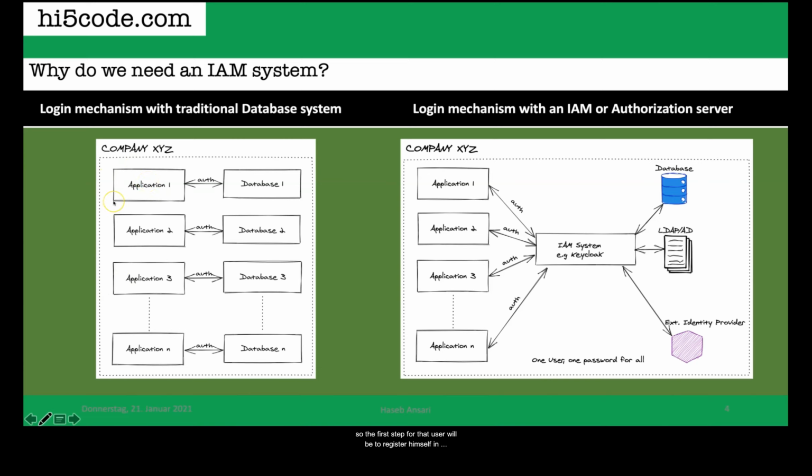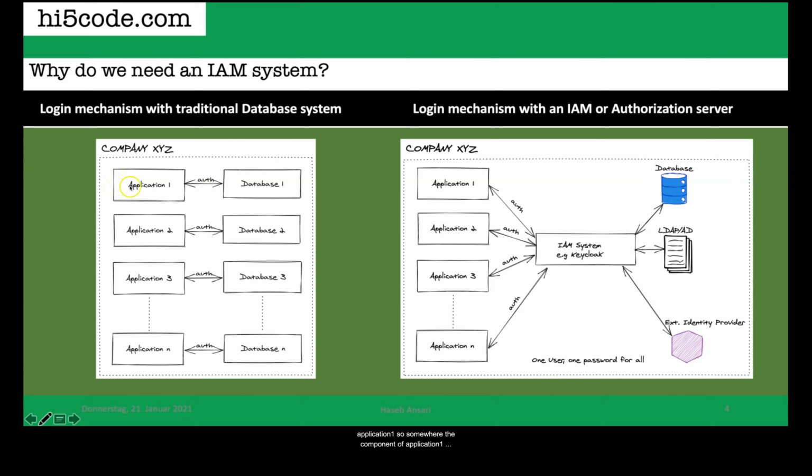The first step for that user will be to register himself in the scope of this company domain name. Because each application has its own database, this application must have some registration process which will save that user information in this database. So for now, imagine the user wants to access application 1.